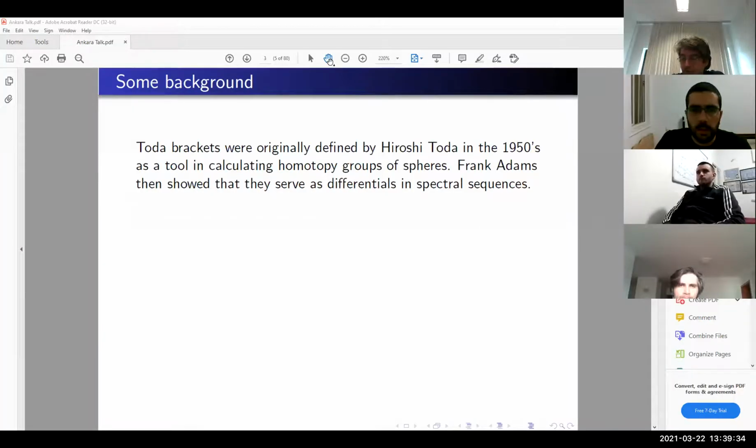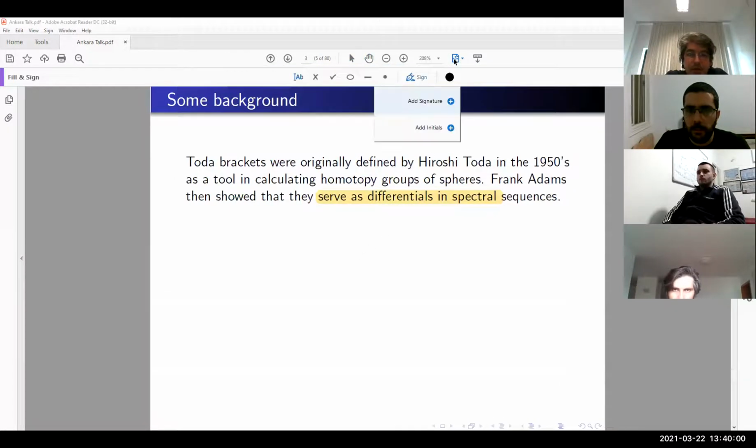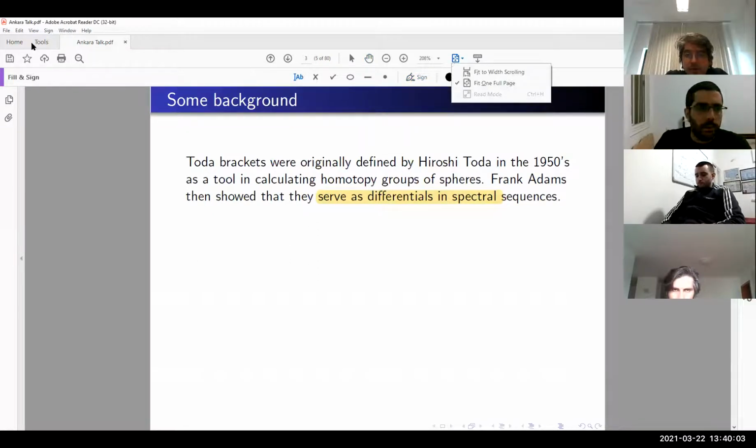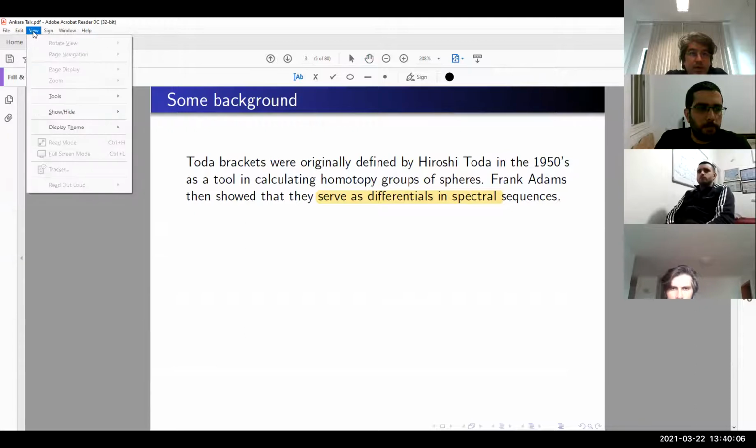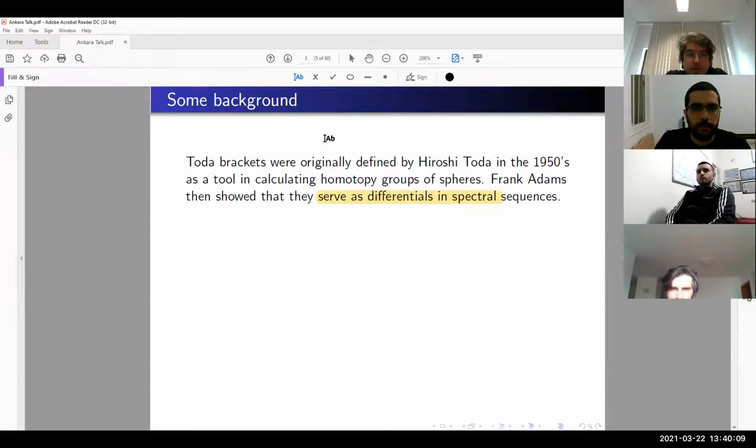I don't see where I can annotate. Even when I teach, I do it all the time, but I don't see it. Okay, sorry again. Just a minute. Sorry.